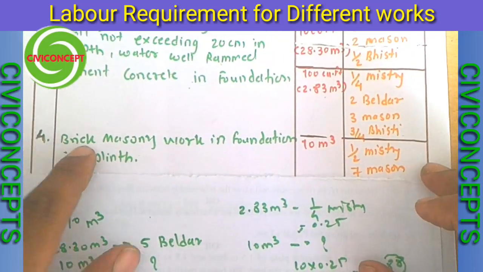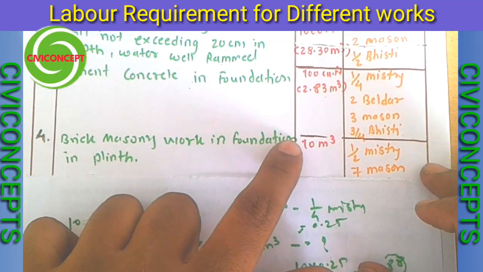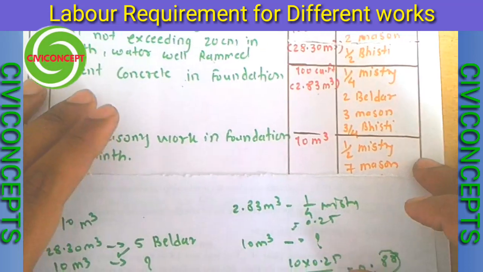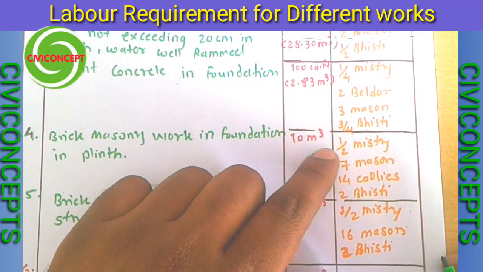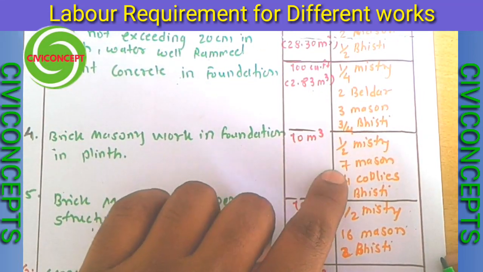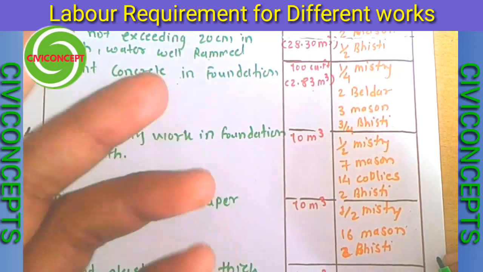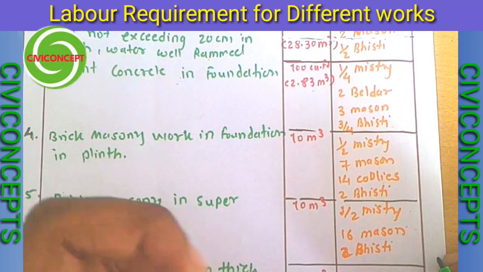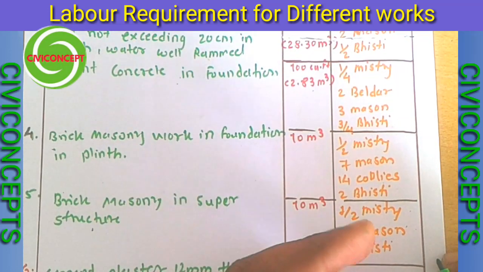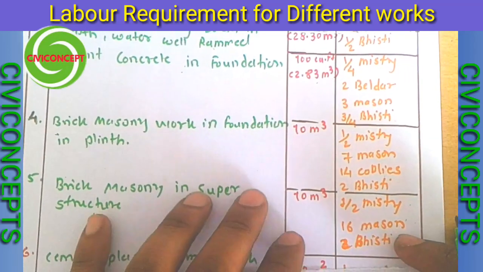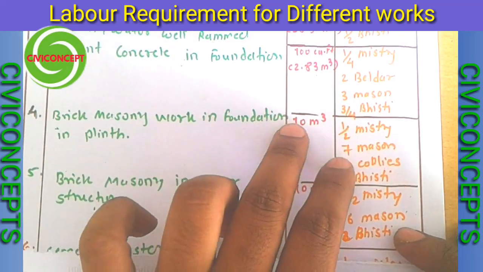Next is brick masonry work in foundation and plinth. For 10 meter cube, 1.5 mistri is required, 7 mason, and 14 coolies. Among the coolies, male and female are both there, so you can divide it into 7 male and 7 female coolies. 2 bhisti are required. This is given for 10 meter cube.